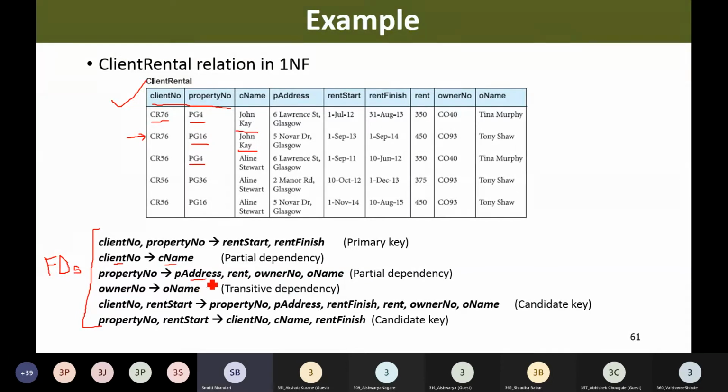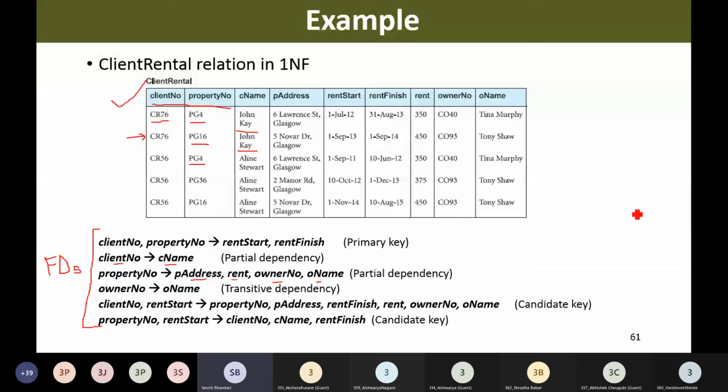For these two tuples, wherein we are having the same property number, the values of address, rent, owner number, owner name are the same. So we may come up with this functional dependency.